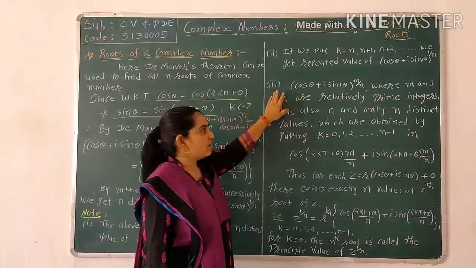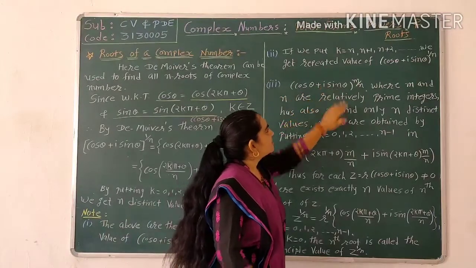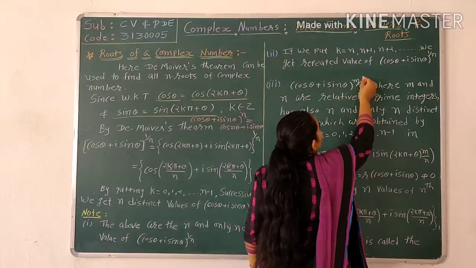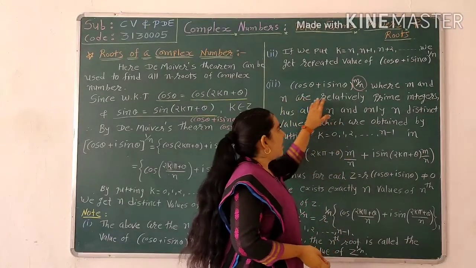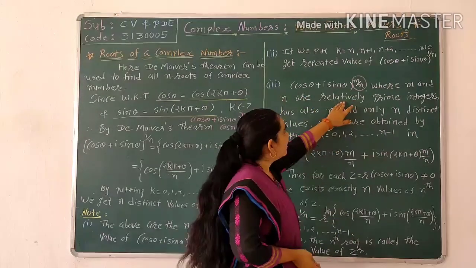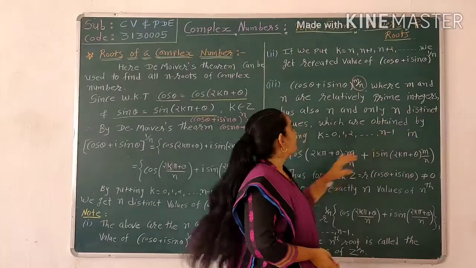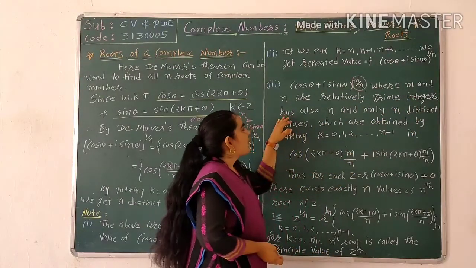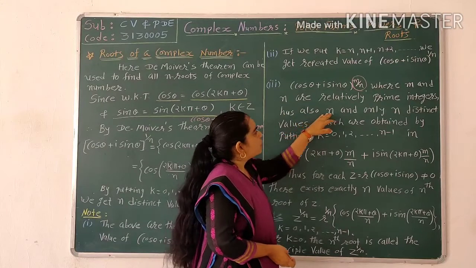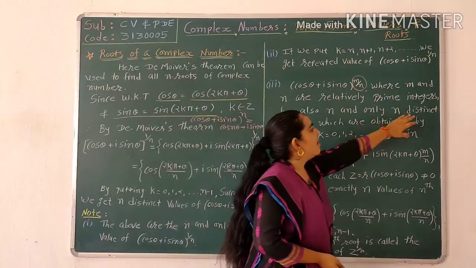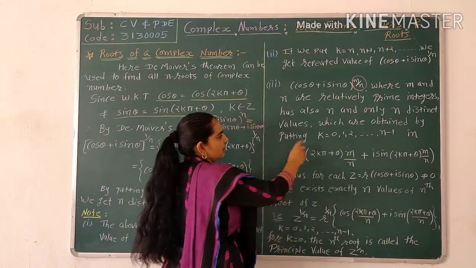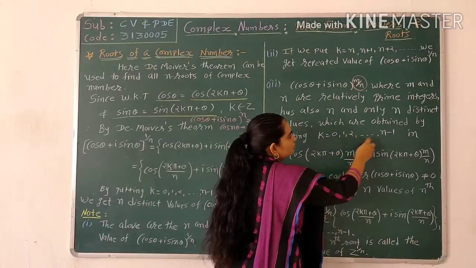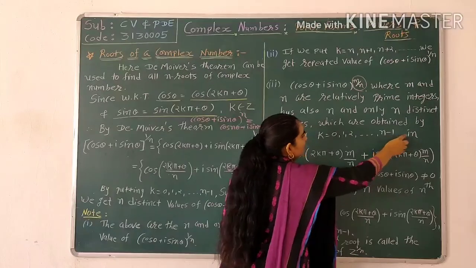Now note number 3: (cos theta plus i sin theta) raised to m by n, where m and n are relatively prime integers, has also n and only n distinct values, which are obtained by putting k equal to 0, 1, 2 and so on up to n minus 1.